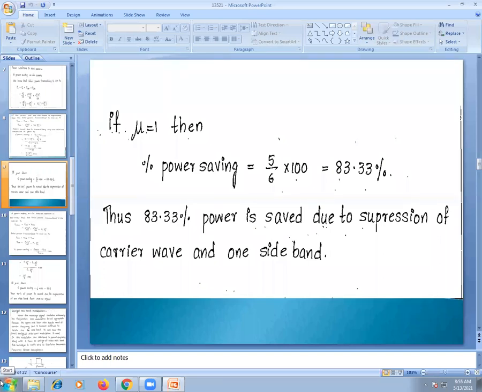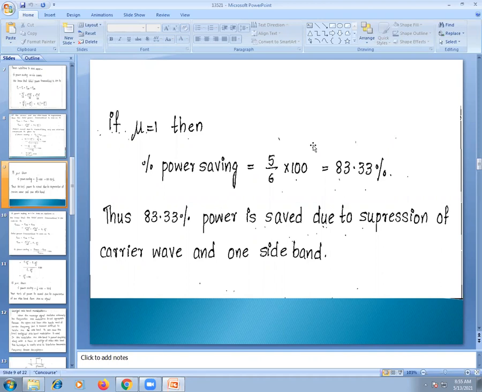In the SSB generation, 83.33% power is saved. So what is remaining? How much percentage remains? Around 16.67, no?